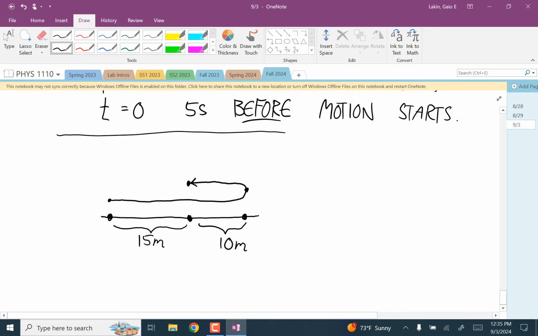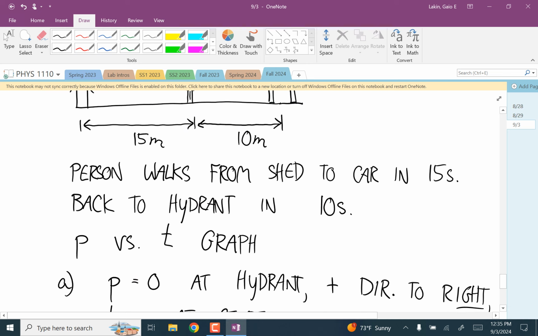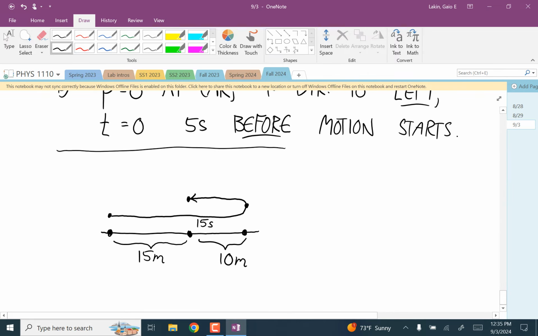And the elapsed time in going from the shed to the car is a total of 15 seconds, I think. And then the elapsed time in going from the car to the fire hydrant is 10 seconds. So all this stuff in black is stuff that we don't control, okay?